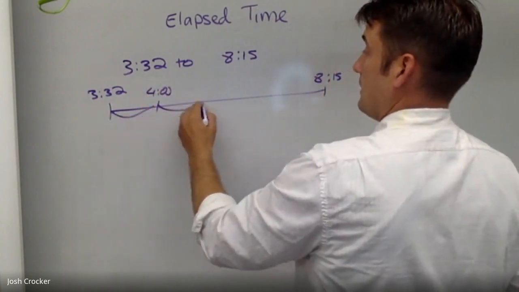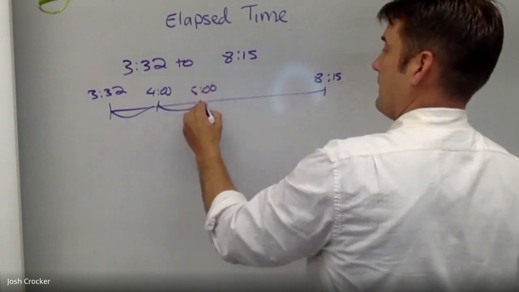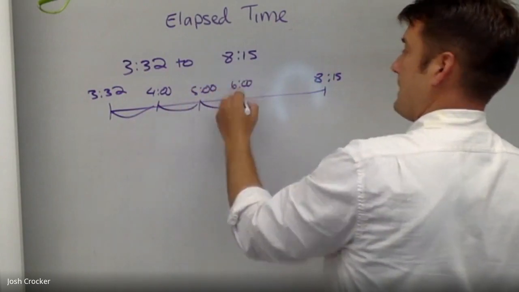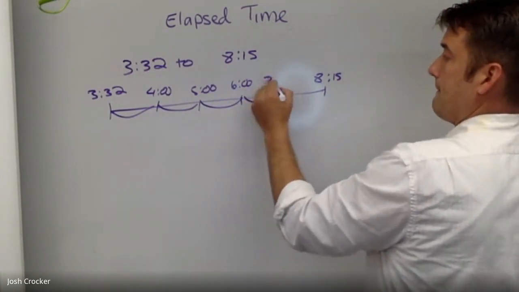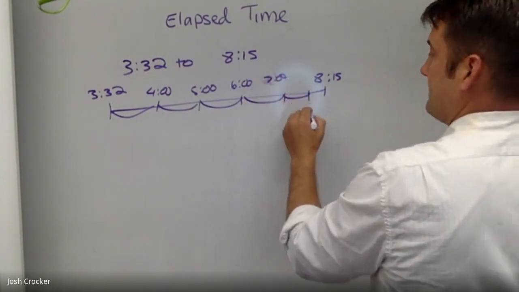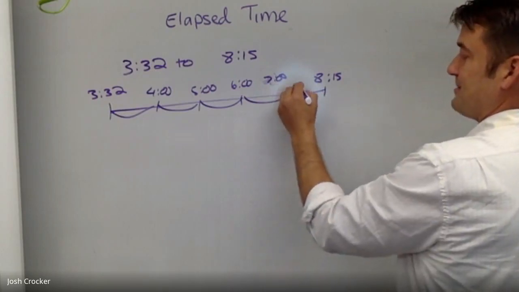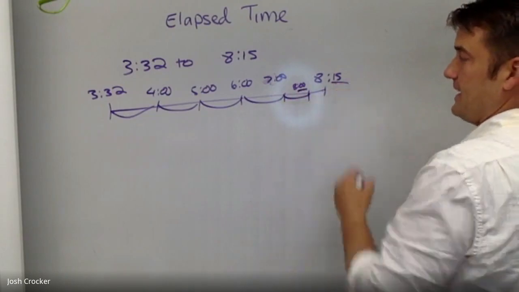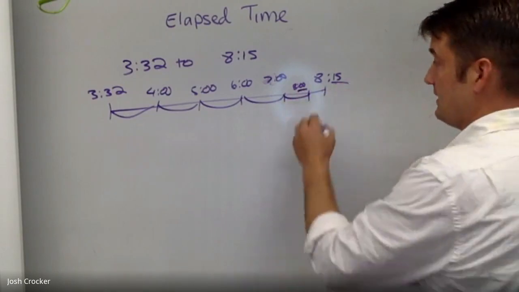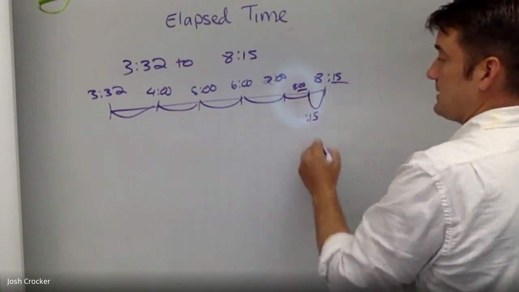That's a jump. 4 to 5, 5 to 6, 6 to 7, 7 to 8, very small hour, and then 8 to 8:15, 0 to 15, that jump is 15 minutes.